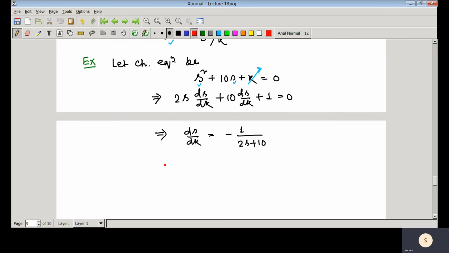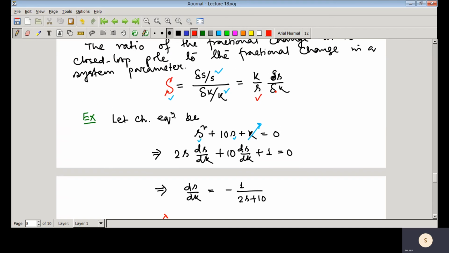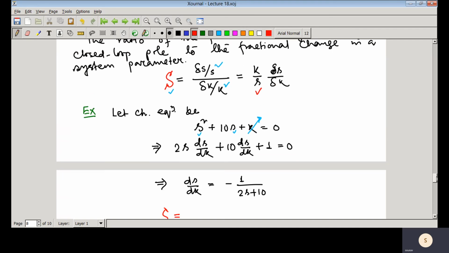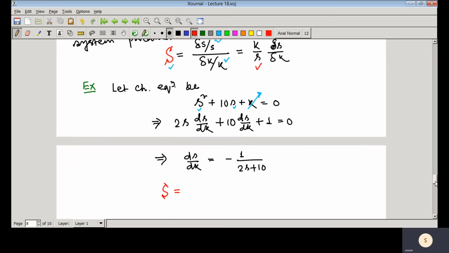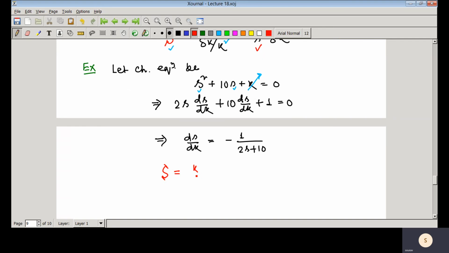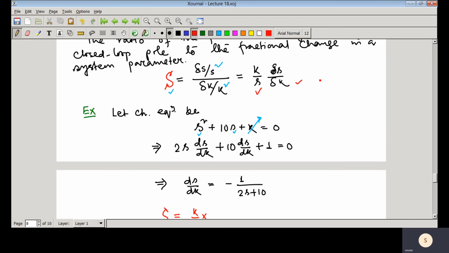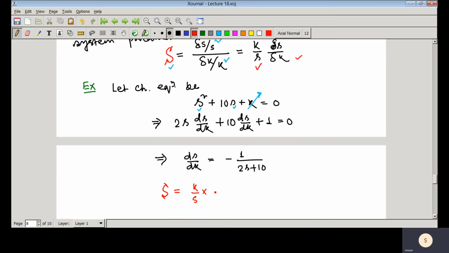So what is the root sensitivity? Root sensitivity is equal to, we have seen that formula, K by S into del S by del K. If you just put it here, del S by del K is minus 1 by 2s plus 10.